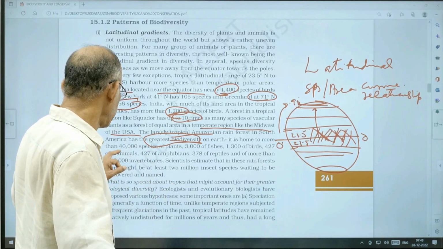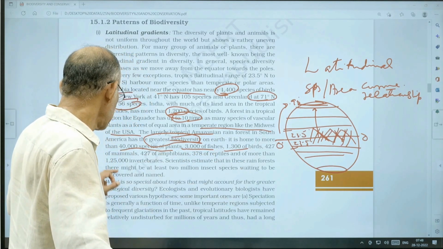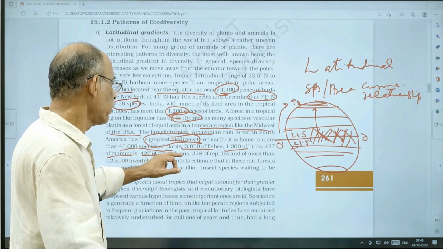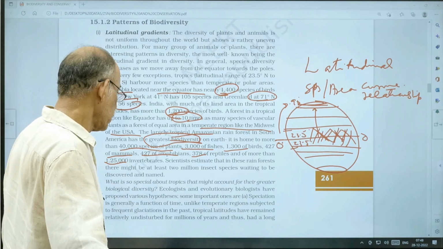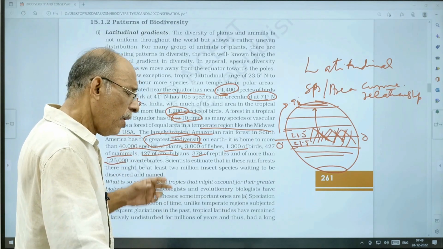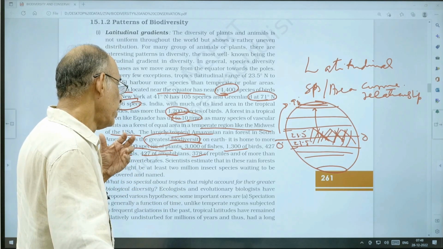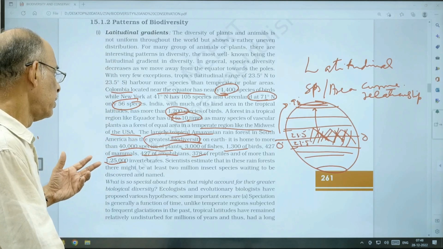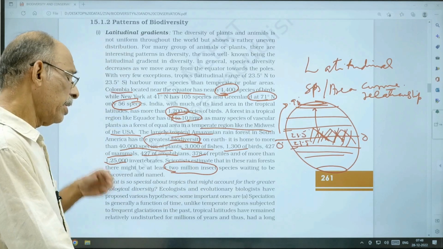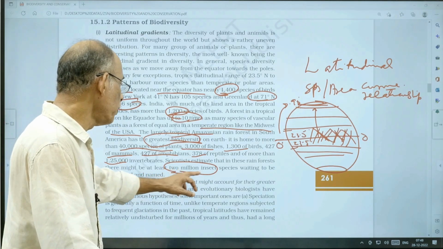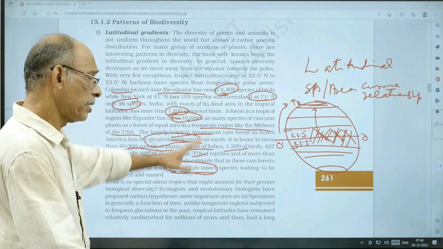We have 40,000 species of plants, 3,000 fishes, 1,300 species of birds, 427 mammals, 421 amphibians, 378 reptiles, and more than 125,000 invertebrates. There is no exact or approximate estimate of insect species, but if we estimate, it may go up to at least 2 million types of insects in the tropical rainforest. So all these data you must study by heart.